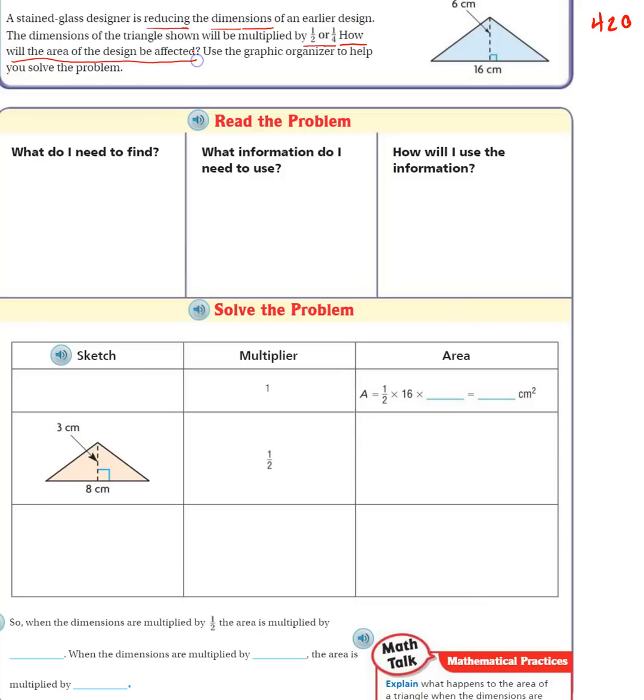How will the area of the design be affected? Use a graphic organizer to help you solve the problem. Okay, what do I need to find?